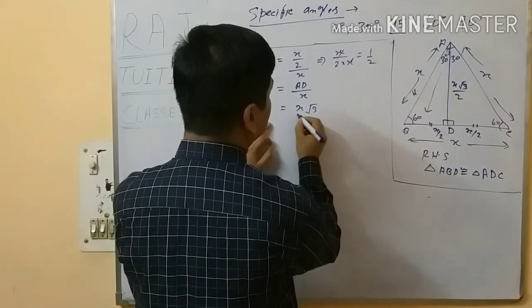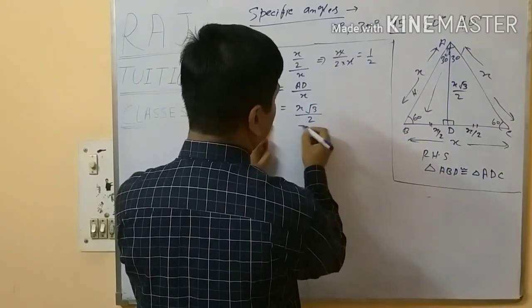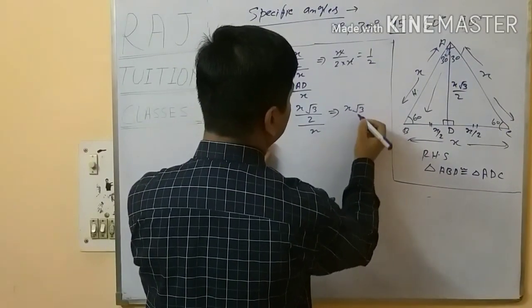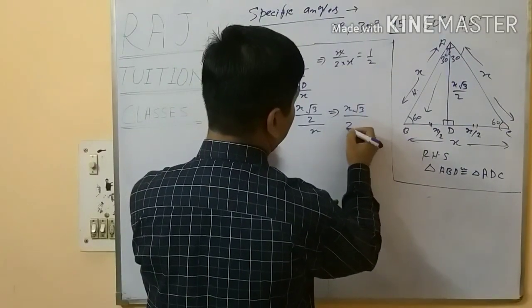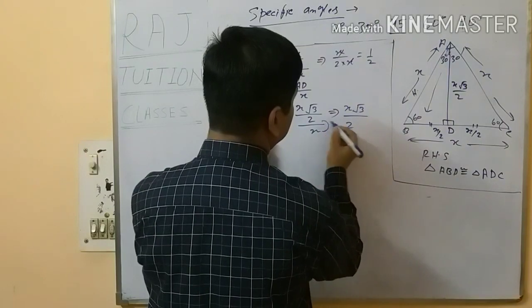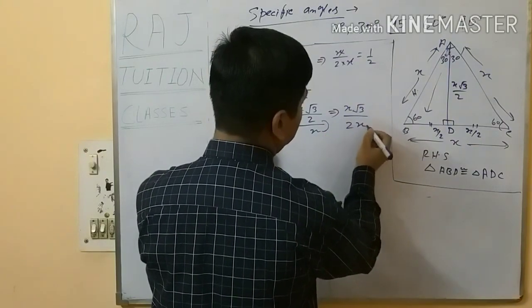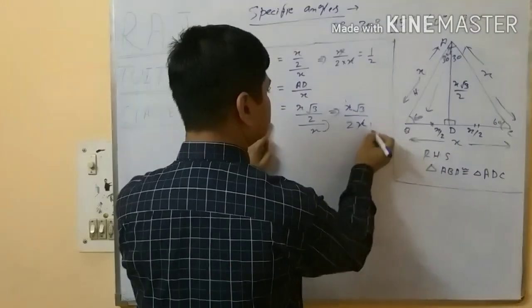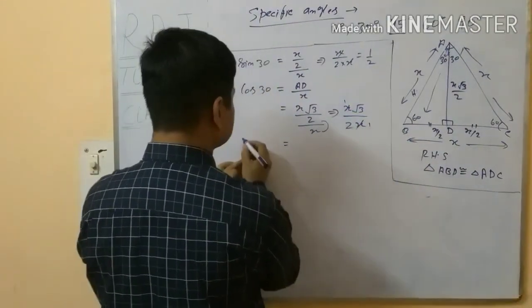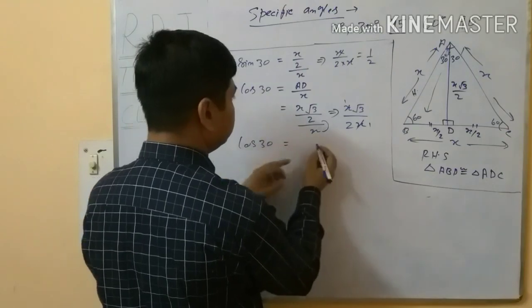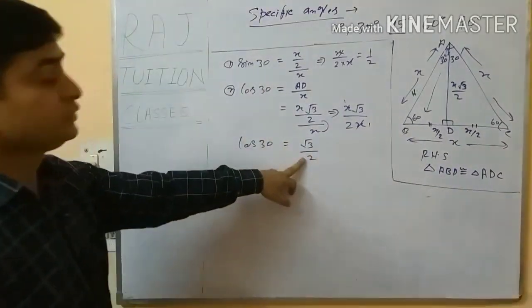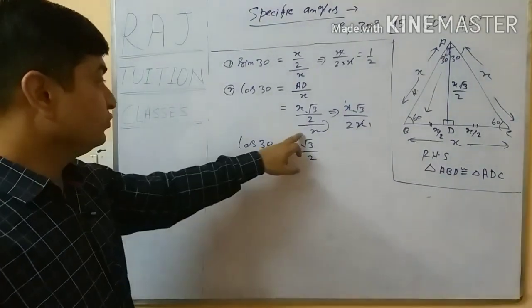X root 3 over 2 divided by x, and it will become x root 3 over 2, and this will get multiplied here by 1 upon x. So x will cut x, these will become 1. And so the value of cos 30 is root 3 over 2.